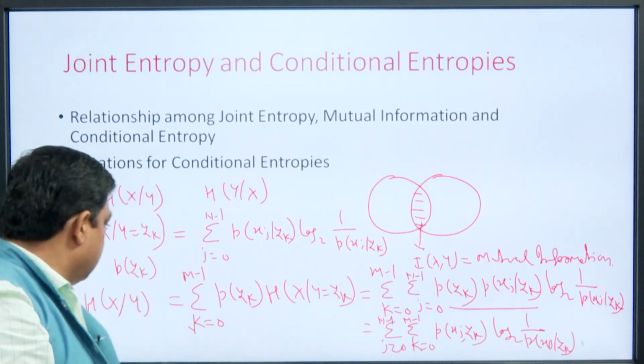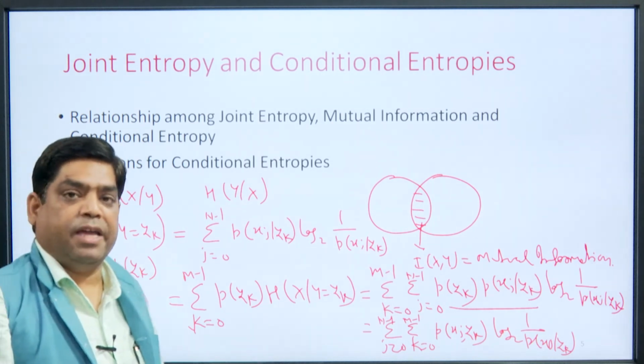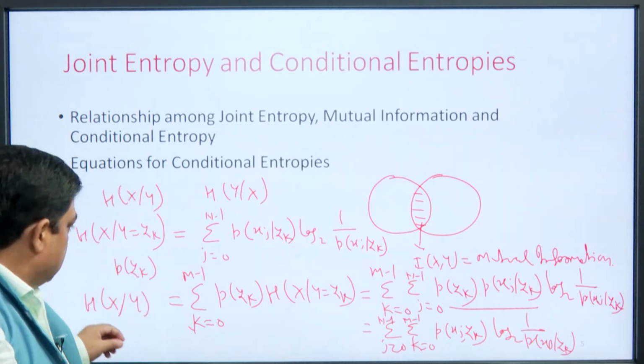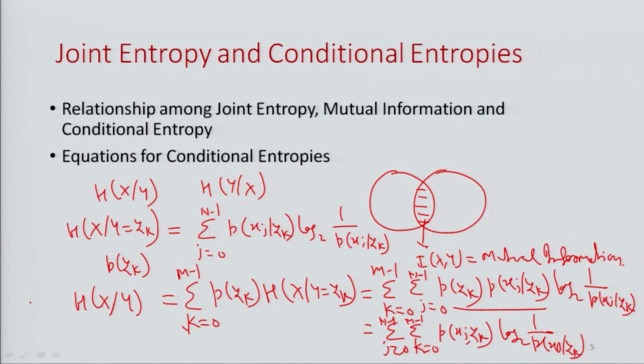Similarly, we can find the expression for H(Y|X). Here we will calculate firstly H(Y|X) for the given x, and with their probability, because x will be fixed, their probability will be p(x_j).